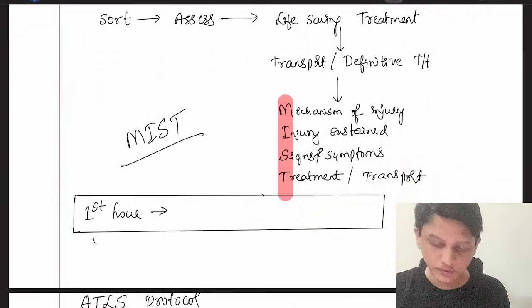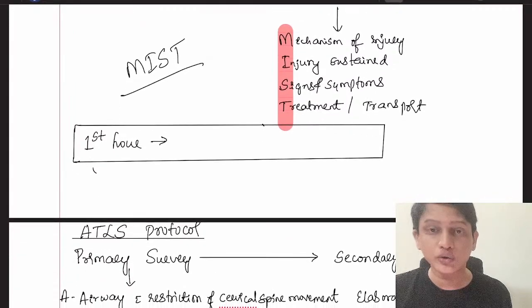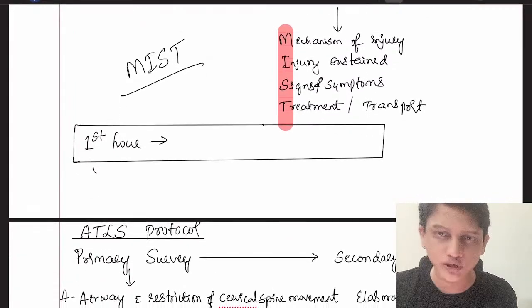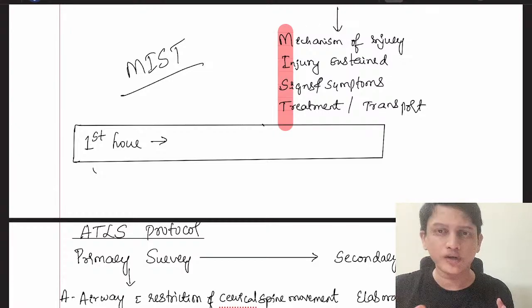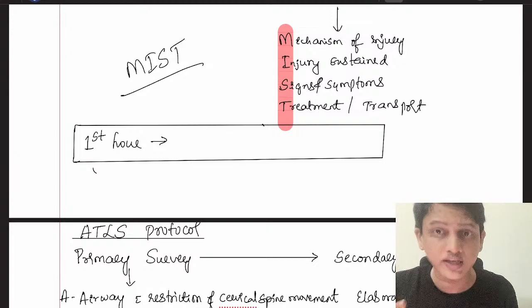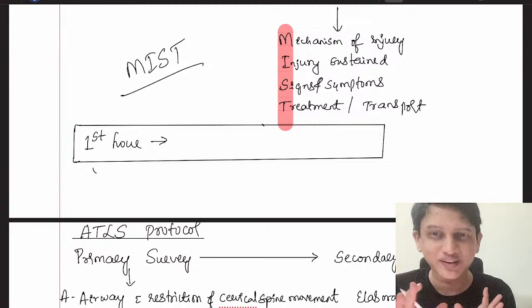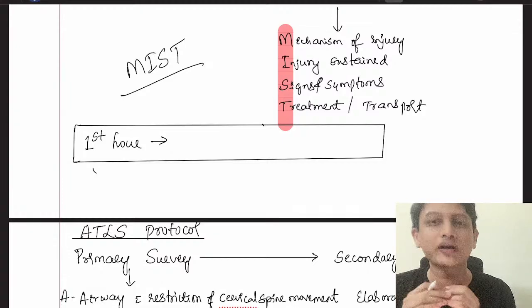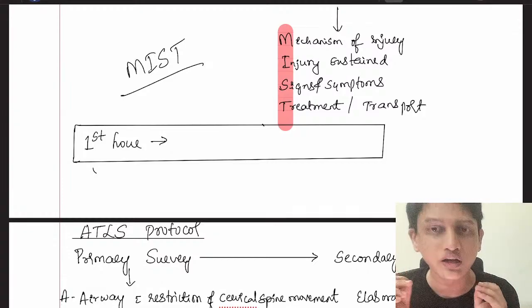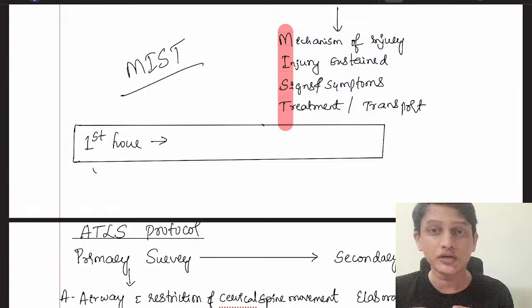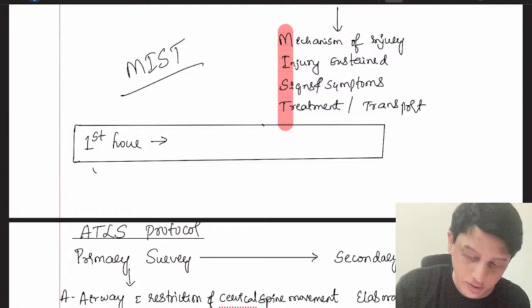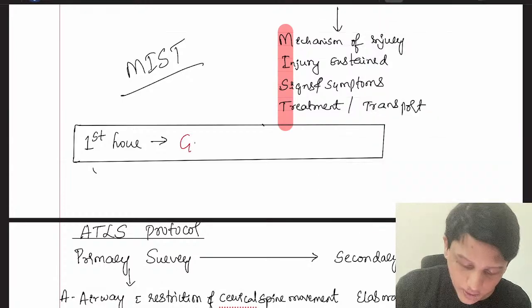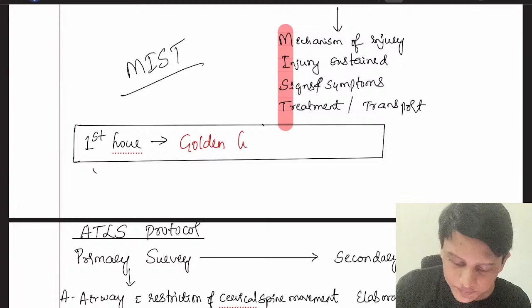Fine. So remember why we are doing this, why we are transporting immediately, why we are doing triage, everything. Because if you do any approach systematically, including your MDS preparation, from the beginning, you can achieve anything. You will be successful. So in trauma also, the first hour is considered the golden hour.